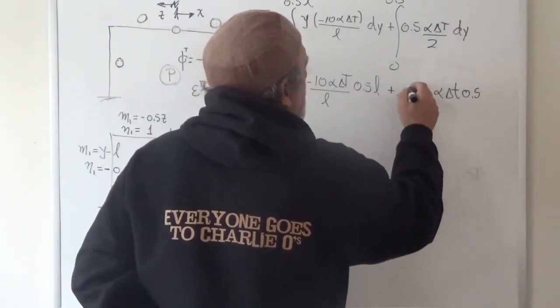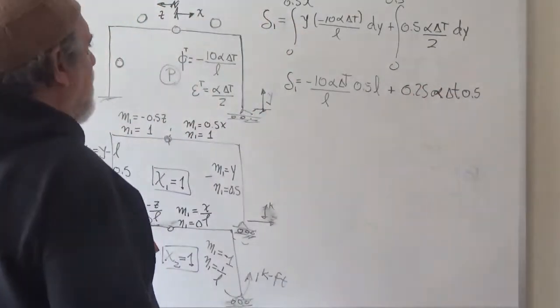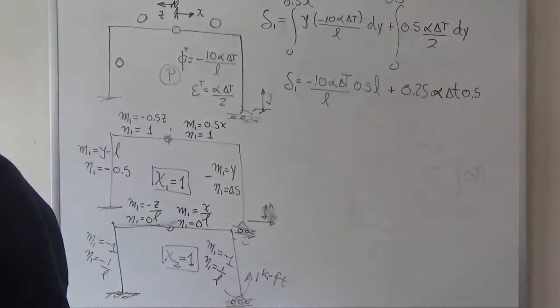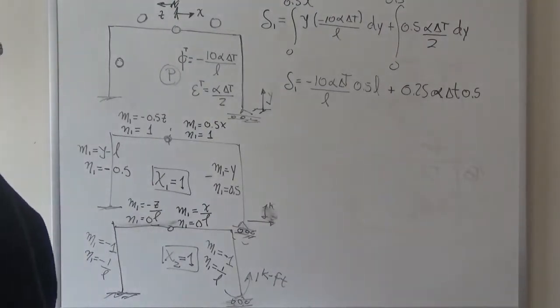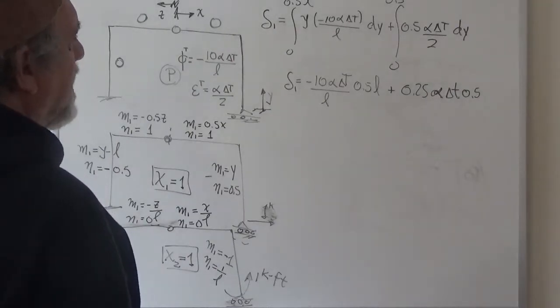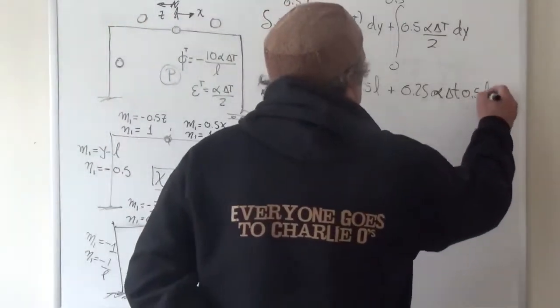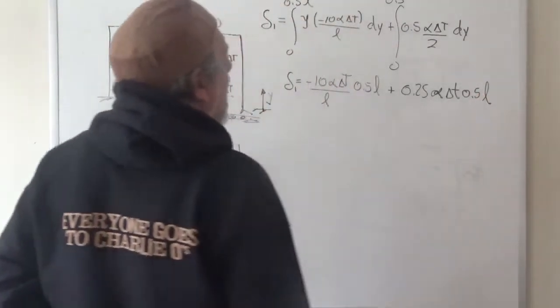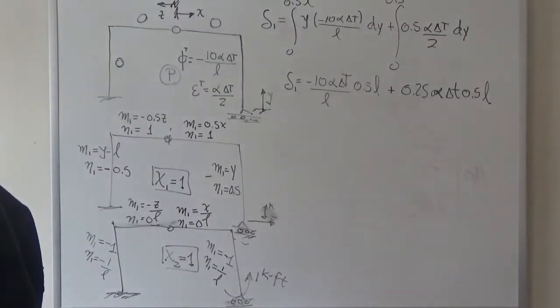Oh yes, 0.25. Where did I get the 2? Yeah, alpha delta T over 2. Yeah, I can see that I probably already made one mistake in my notes. So alpha delta T is 0.25 times alpha delta T times dy, which is equal to 0.5 L. Something is not right.